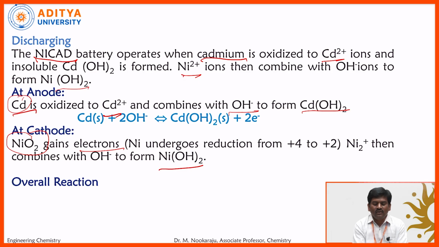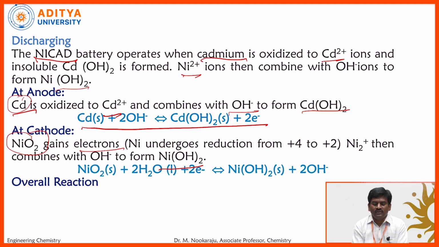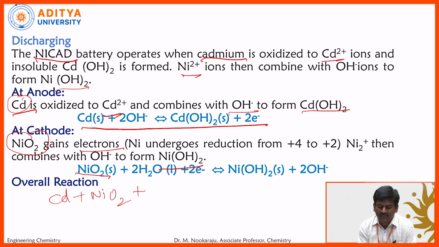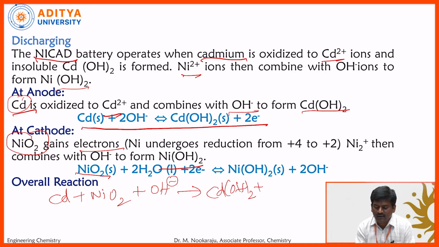This is the oxidation half that takes place, whereas the reduction half at the cathode is like this. The overall reaction we can write is cadmium reacting with nickel oxide in the presence of hydroxide, so that we have cadmium hydroxide and nickel hydroxide as the products.